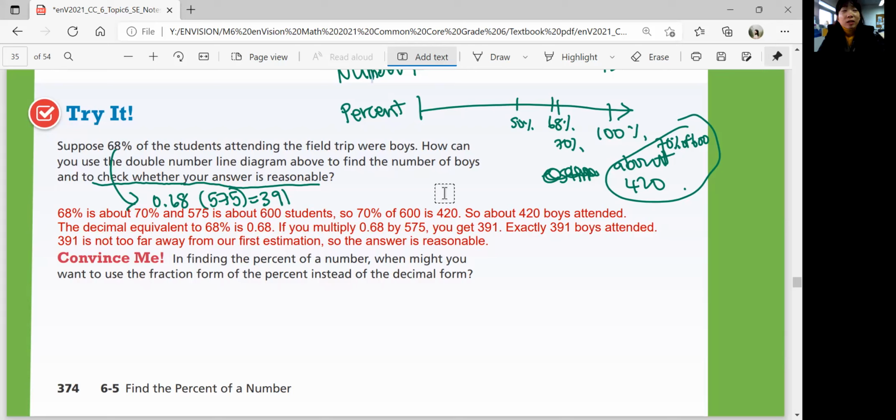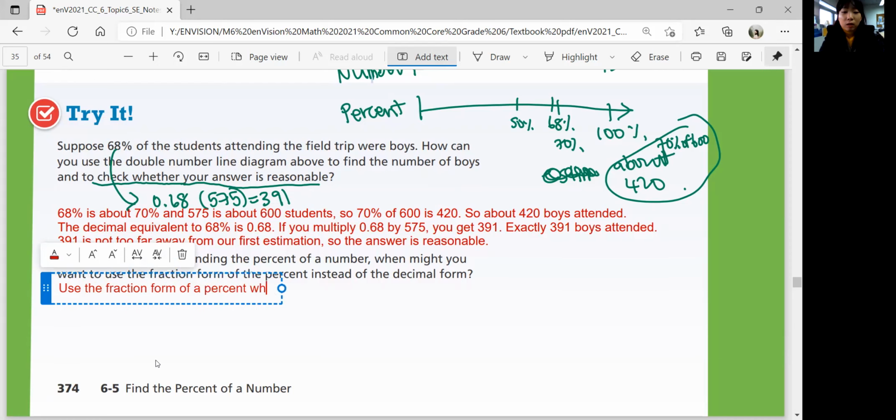You can use either fractions or decimals if they're exactly the same, but sometimes converting to fractions might take longer, because usually it is easier to convert percentages into decimals.